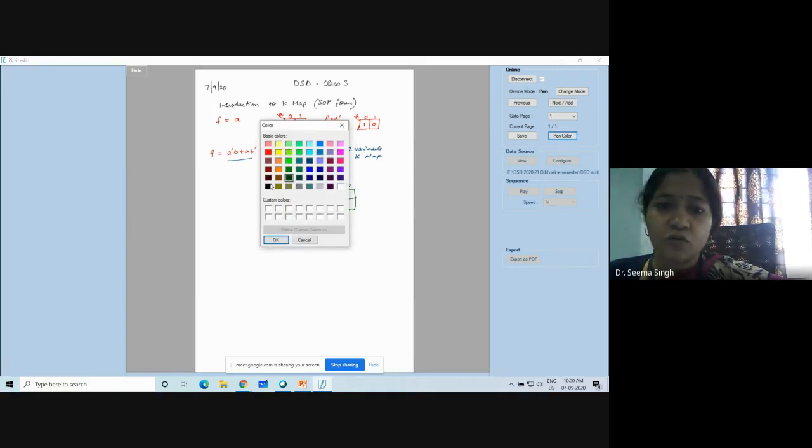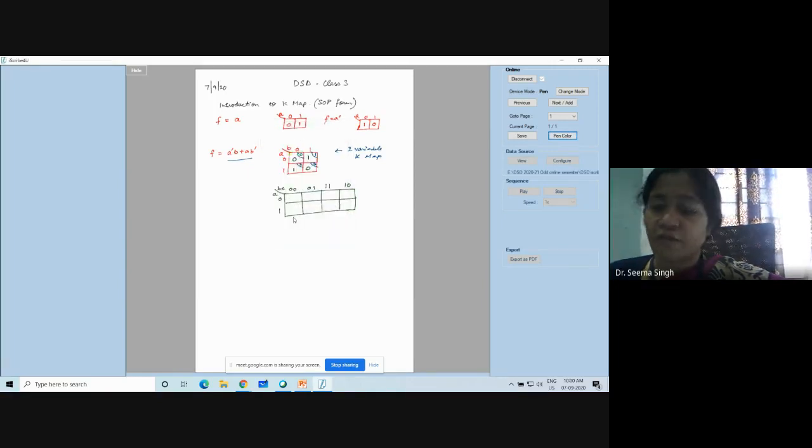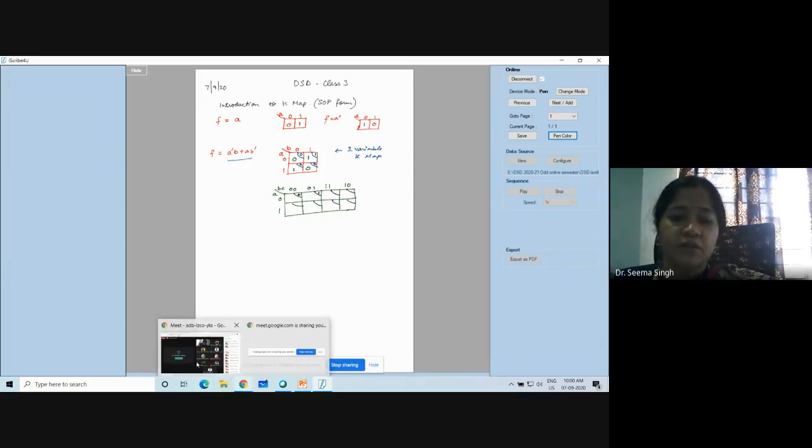Now you have to name the cells. First one is 0, 0, 0, that means 0. Second one is 0, 0, 1, that is 1. Third one is, tell me, all of you are drawing this in your notebook, I guess. Copy it in your notebook and tell me the variables.